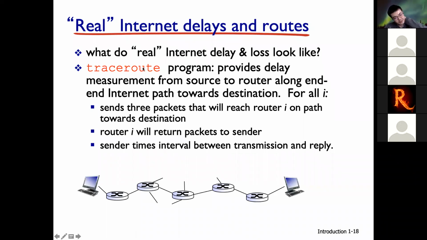So is there a way that we can see what the internal routes are and how long it takes for each packet to ride that route and then to the next one? Actually, your computer is already equipped with a tool called the traceroute program. It provides delay measurements from source to destination route.